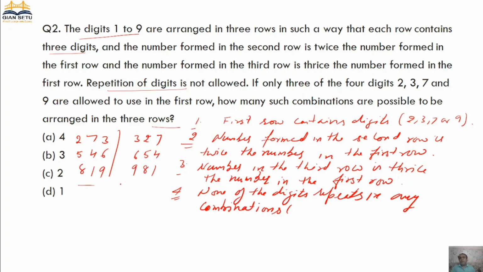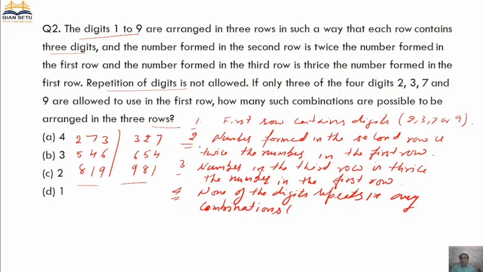So only these two combinations are possible, and in these two combinations none of the digits is repeating, right? Rest all of the possibilities for the first row will not meet all the conditions.